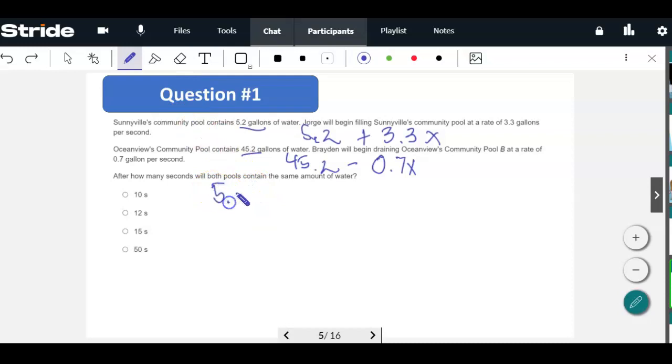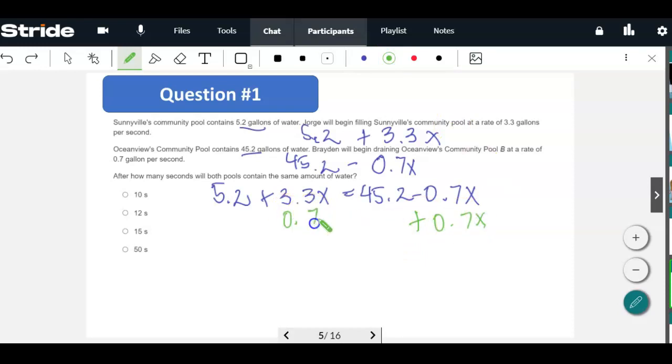So we're going to do 5.2 plus 3.3x is equal to 45.2 minus 0.7x. Okay, and if you want to go ahead, use the calculator, I'll show the steps on the board. We would add the 0.7x to both sides.